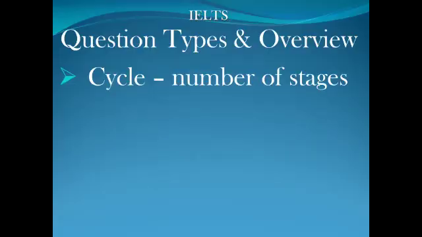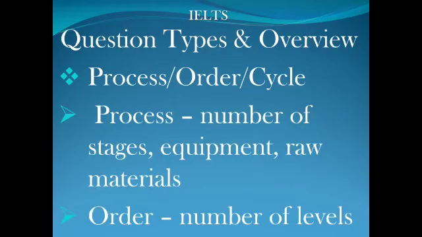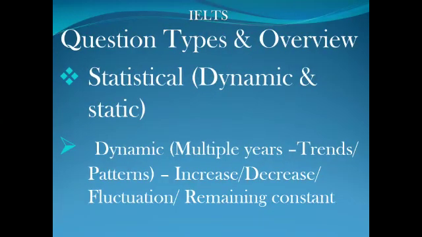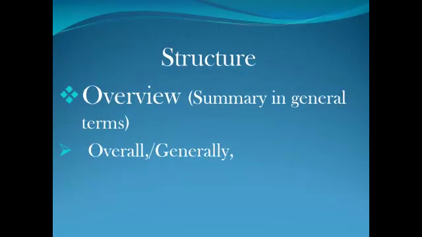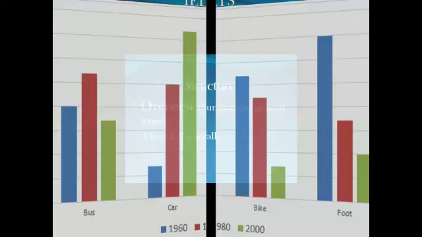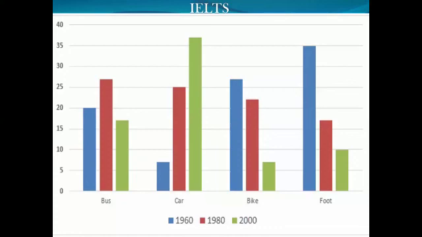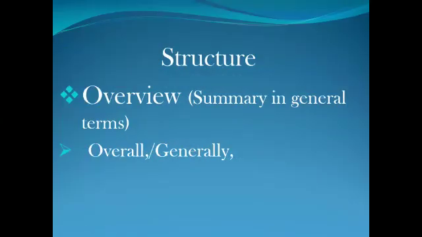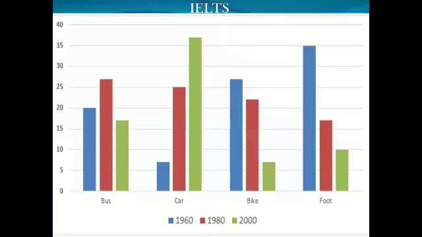So if you think about this particular question that we have looked at so far, on the modes of transportation used to travel in one European city in 1960, 1980, and 2000, if you're writing the body, you have to give the respective figures with regard to the usage.